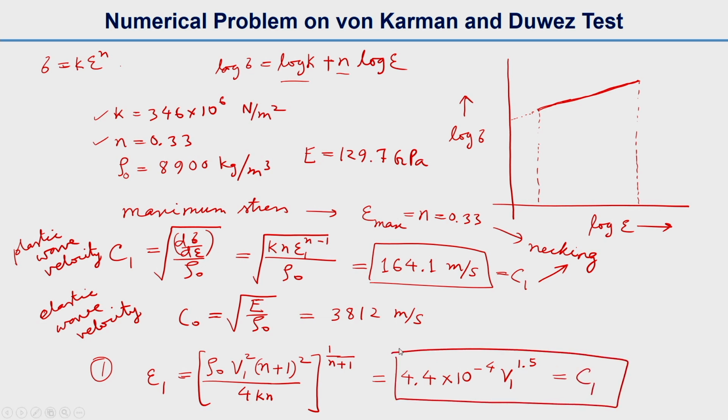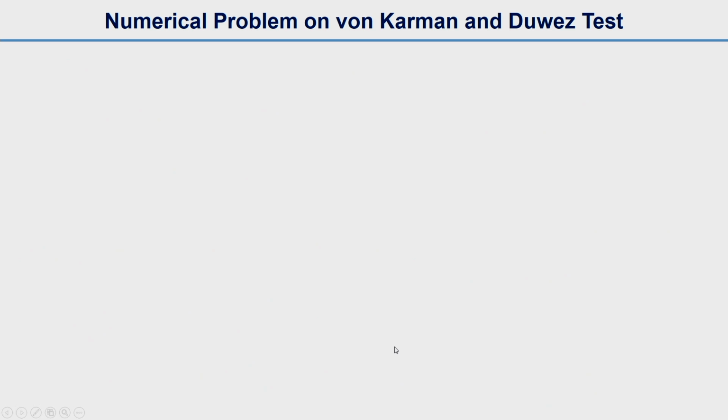We will now check the second and third. For number 2, we need to find sigma 1. Sigma 1, as we know, has the relation k epsilon 1 to the power n. So it's now simple: we know k, we know n, and we have the expression for epsilon 1 as a function of V1.